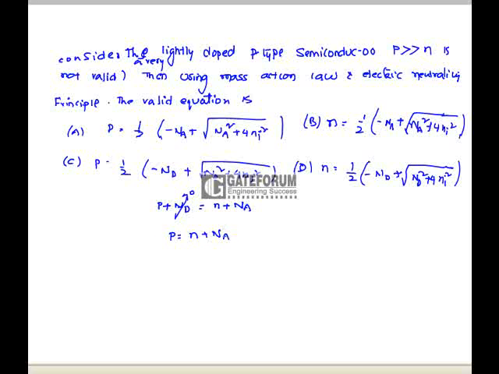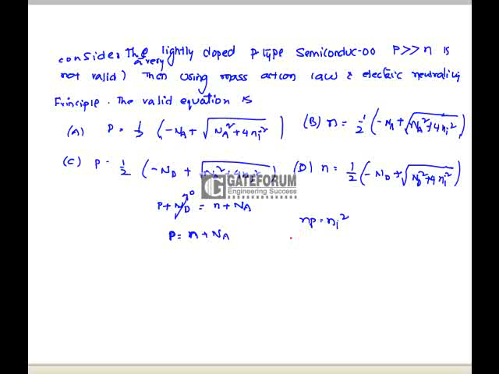Now P is the majority carrier, N is the minority carrier. By using the mass-action law, we have to decide the minority carrier concentration. That means we know that NP = Ni² is the mass-action law. Here P is the majority, and we have to calculate the minority carrier concentration.